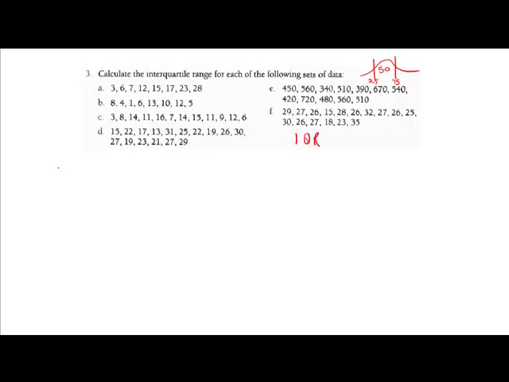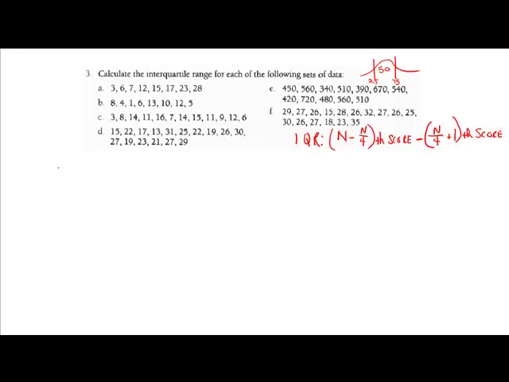Interquartile range equals the n minus n over 4 score, minus the n over 4 plus 1 score.